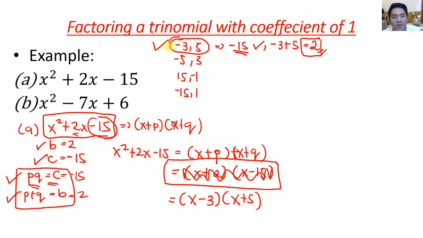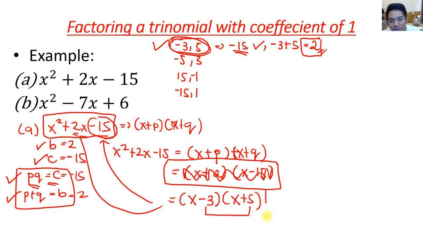Because that is the factor that would make negative 3 times 5 equal to negative 15, and negative 3 plus 5 would be positive 2. So the factored form would be x minus 3 and x plus 5. If you FOIL that, you will get the same result as this.